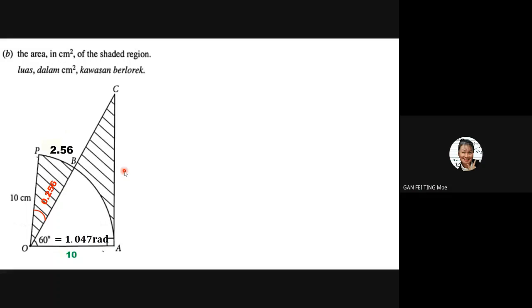How you plan? Okay, to find the area shaded region of BAC, what I do is find the area of a triangle ACO, minus with the area sector of BOA. BOA, very good.